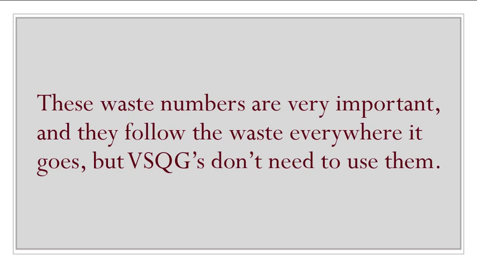These waste numbers are very important as they follow the waste everywhere it goes. But VSQGs don't need to use them. Isn't that interesting? After going through all this to determine if your waste is hazardous as a VSQG, you don't need to use the waste numbers. Well, that's the way they got it set up.